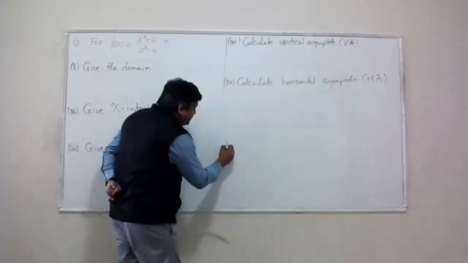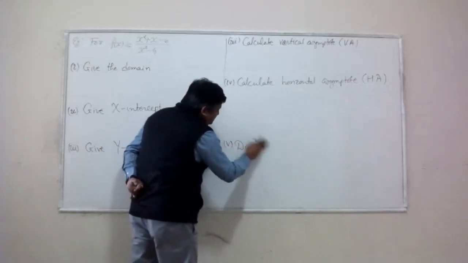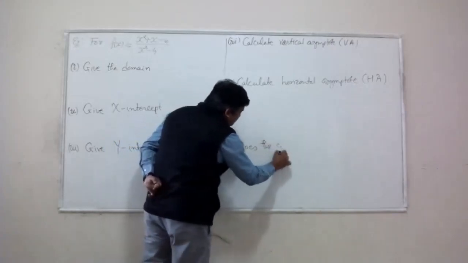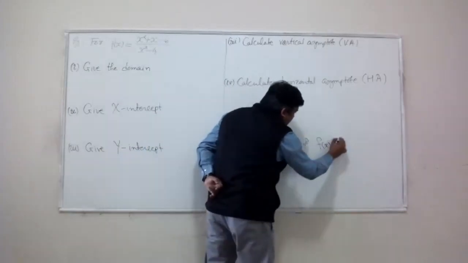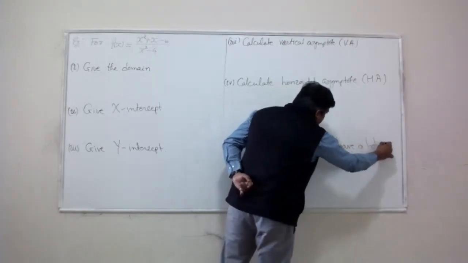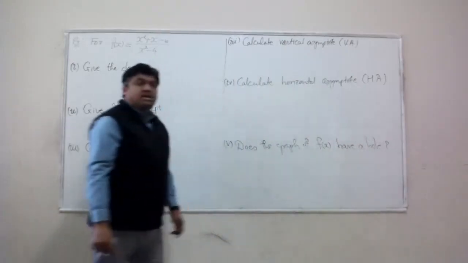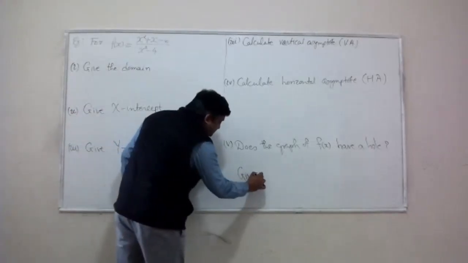And then the final question would be, does f of x, or does the graph of f of x, have a hole? If yes, give the x value where the hole occurs.